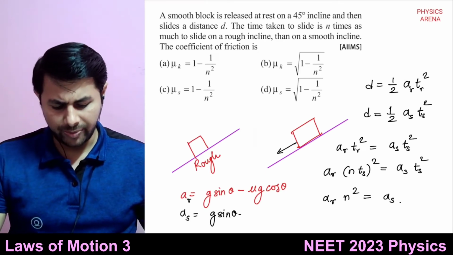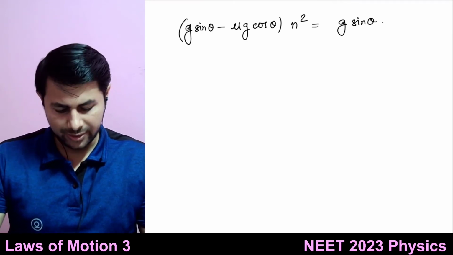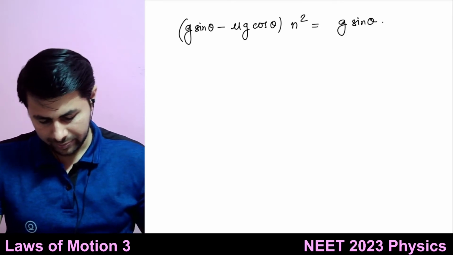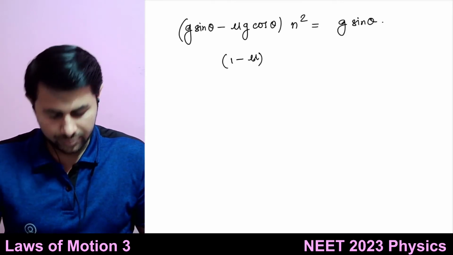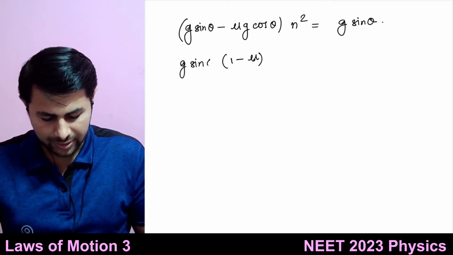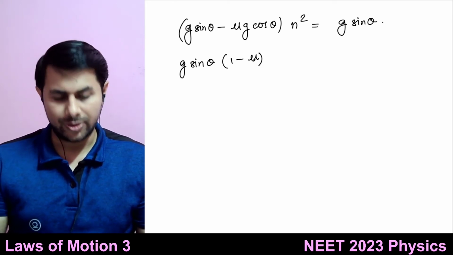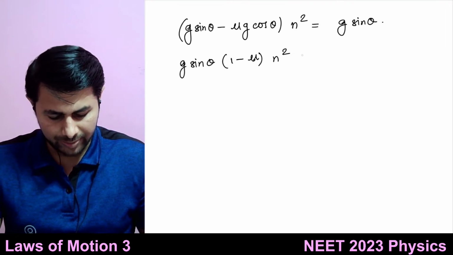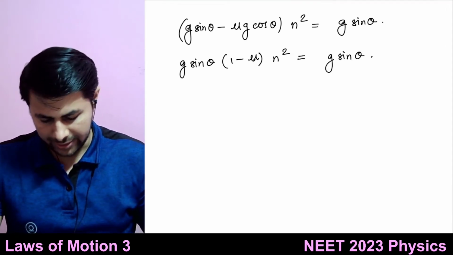And it is 45 degrees, so sin theta and cos theta are equal, each 1 upon root 2. So I will take it outside: 1 minus mu multiplied by n square is equal to g sin theta.